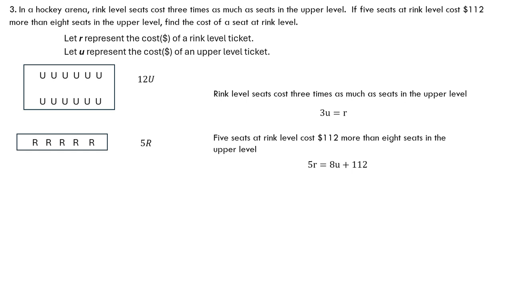We can model this as 5R equals 8U plus 112. Once we have these two equations, we can graph them if we'd like to, though the question doesn't call for it, and see that an upper level seat would cost $16 and the rink level seat would cost $48.